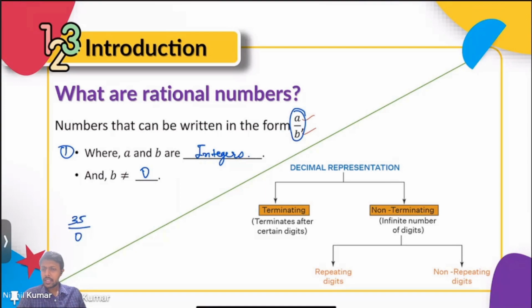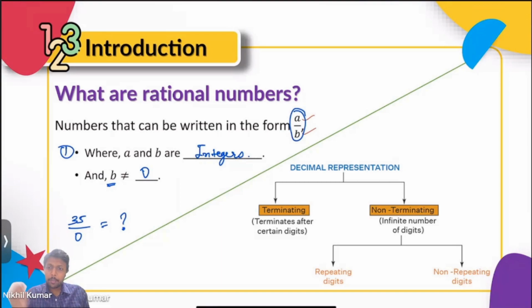Can you divide anything by 0? We can't do that. It's undefined. We don't know what it's going to be. Division by 0 is not defined in mathematics. So that's one condition. The condition on the denominator b is that it shouldn't be 0. And on both a and b, the condition is that they have to be integers.